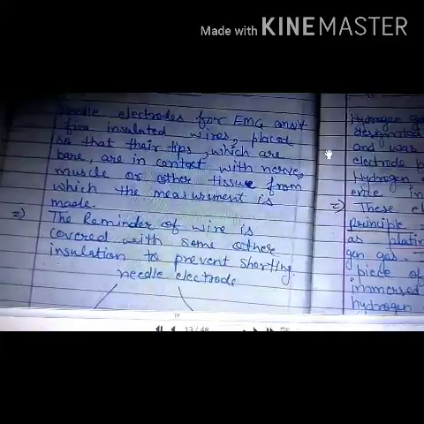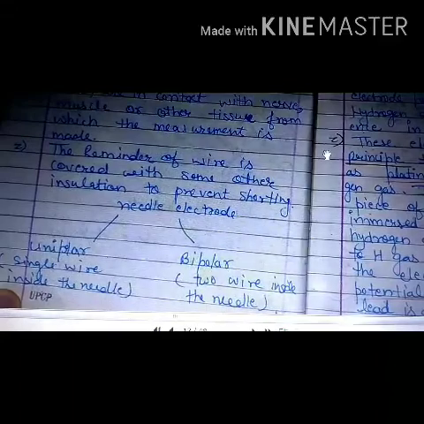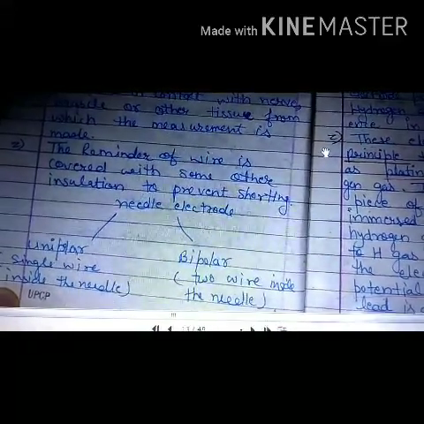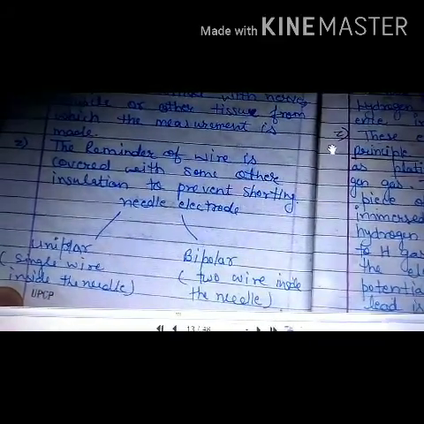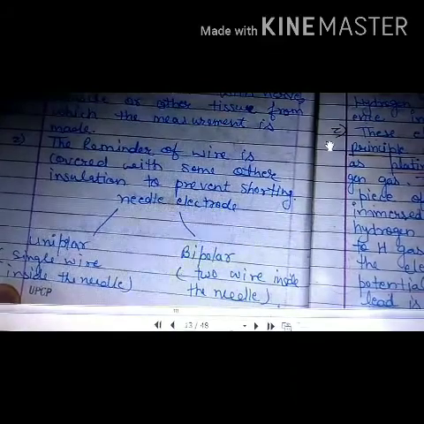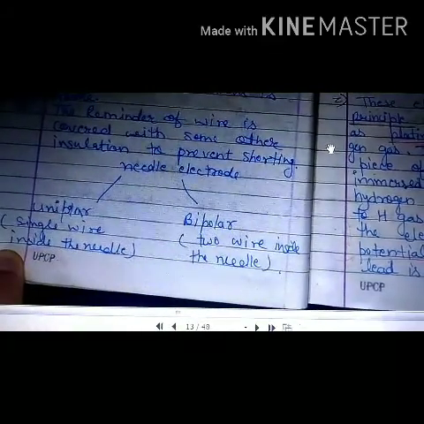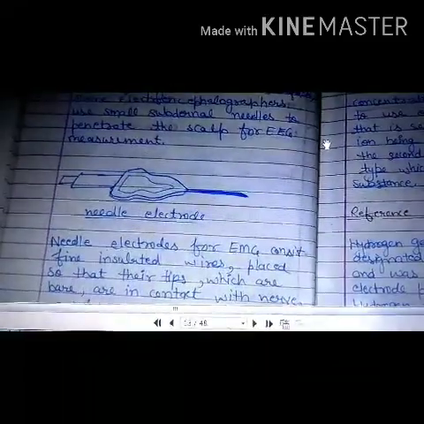The remainder of the wire is covered with some other insulation to prevent shorting of the needle electrode. It is very important, otherwise they may interfere with the brain signals. This can be unipolar with a single wire inside the needle, or bipolar which consists of two wires inside the needle.